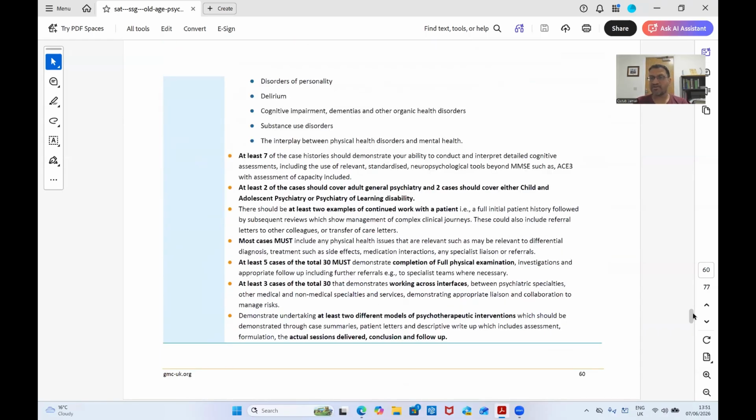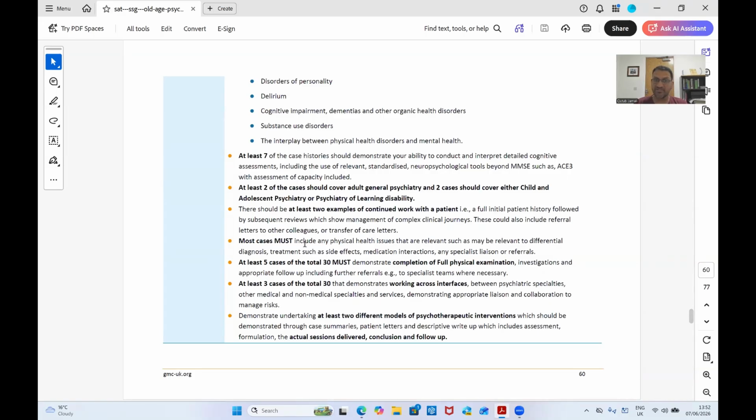When you're doing memory assessment, make sure that you're including appropriate assessment tools, whether you have used ACE3 or whether you've used mini ACE because of poor engagement, or maybe sometimes you might have used RUDAS. So make sure that you're including all that, and highlighting the positive findings, whether any investigations you requested, whether it was a PET scan or a SPECT scan or DAT scan or even MRI. So that needs to be captured.